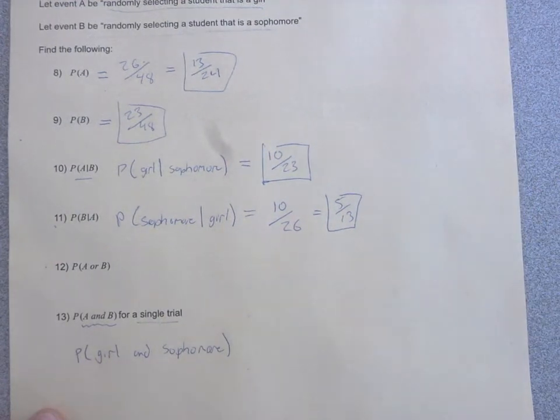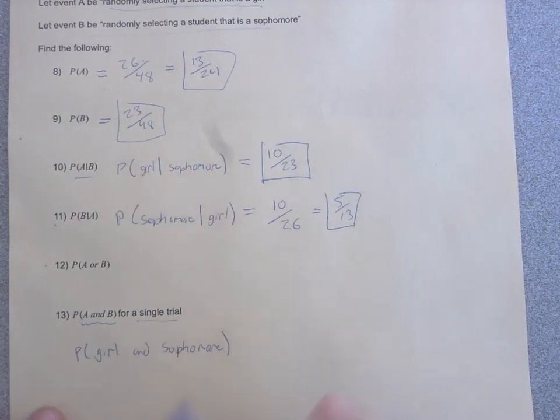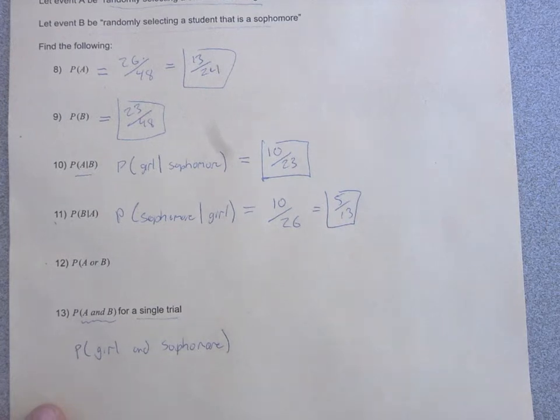In other words, two separate trials? Or is this choosing one girl and trying to see if she's a girl and a sophomore at the same time? So in this context, what we're talking about is one trial, choosing one student, and what's the probability that she's both a girl and a sophomore at the same time.